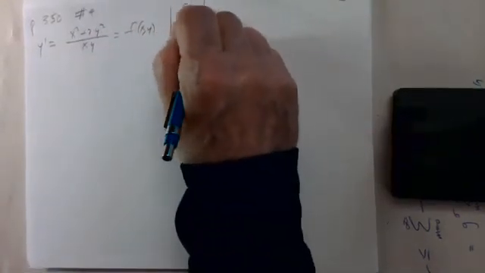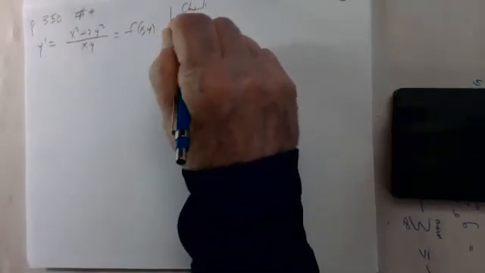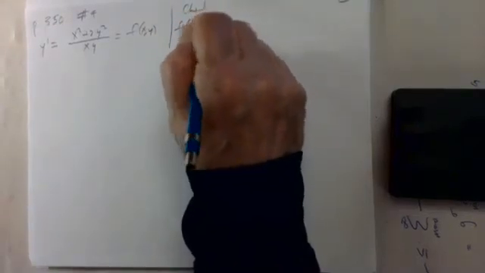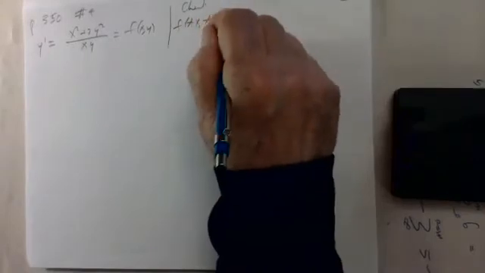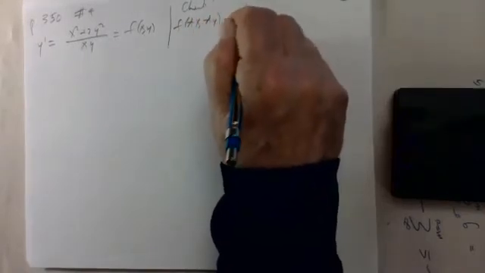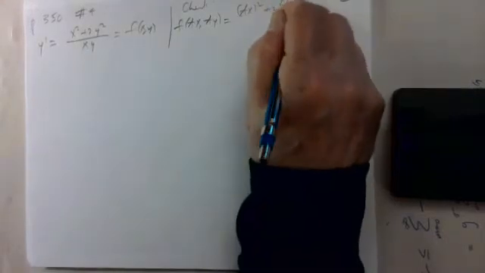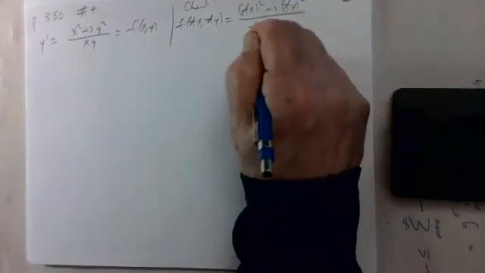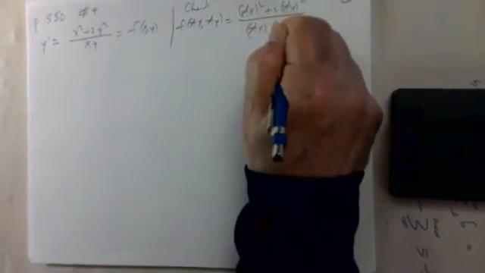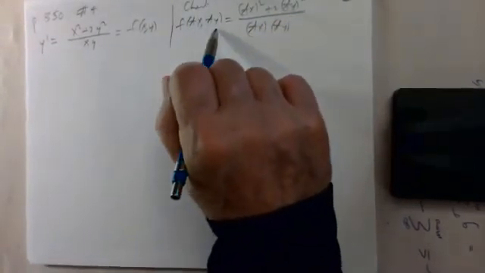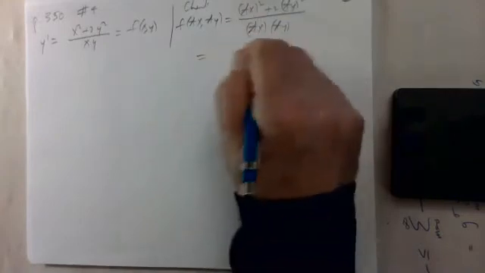And let's just check. If you multiply x and y both by t, so you look at f of tx comma ty, that's tx squared plus 2 ty squared over tx times ty. If you compute f of tx comma ty, this is what you get.